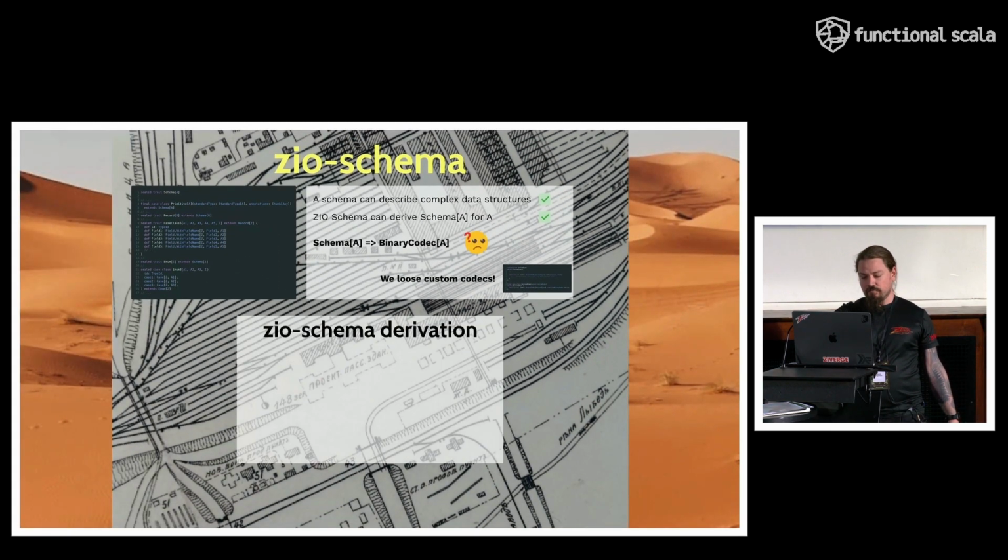So that's why I created a new feature in ZIO Schema, which is called ZIO Schema Derivation, let's say.